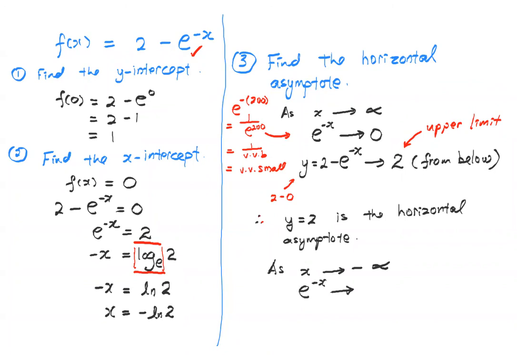You have to be very careful of the power. So I imagine e to the power of negative infinity, so I put negative 200. Negative times negative gives me positive. So it will go to infinity. Am I right?